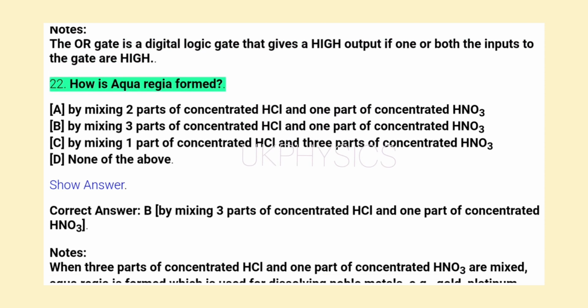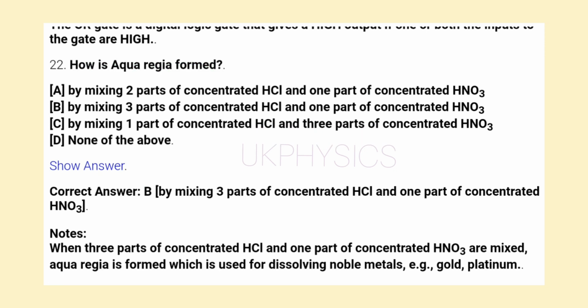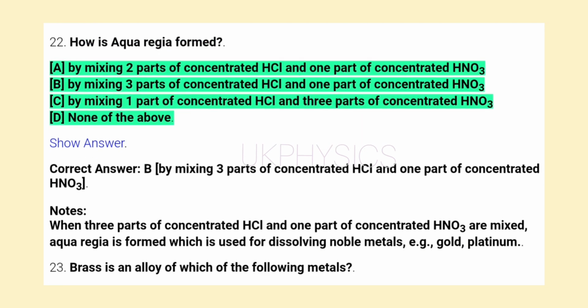22. How is aqua regia formed? A. By mixing 2 parts of concentrated HCl and 1 part of concentrated HNO3. B. By mixing 3 parts of concentrated HCl and 1 part of concentrated HNO3. C. By mixing 1 part of concentrated HCl and 3 parts of concentrated HNO3. D. None of the above.